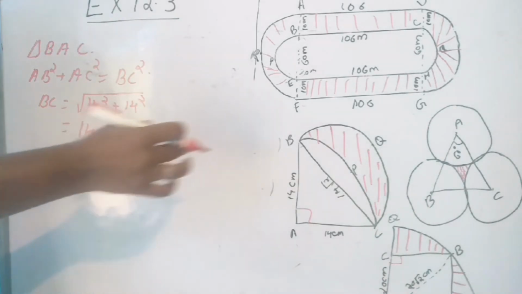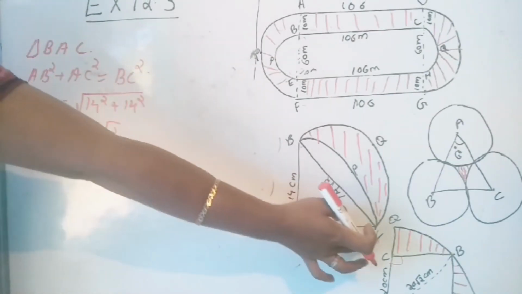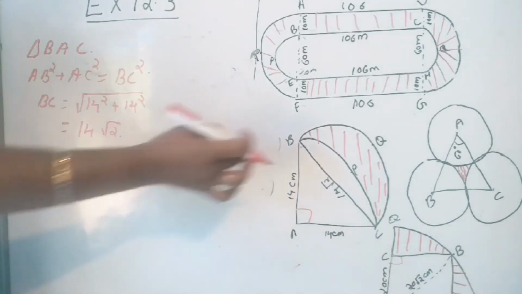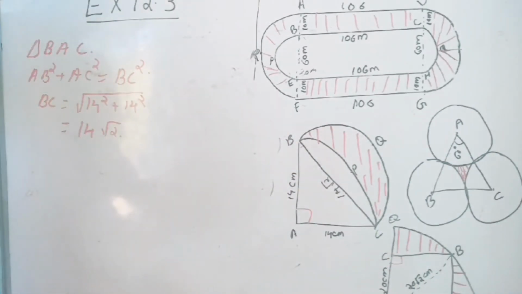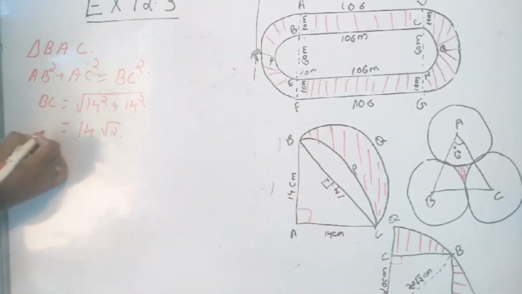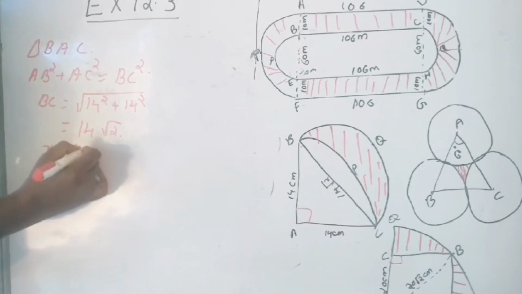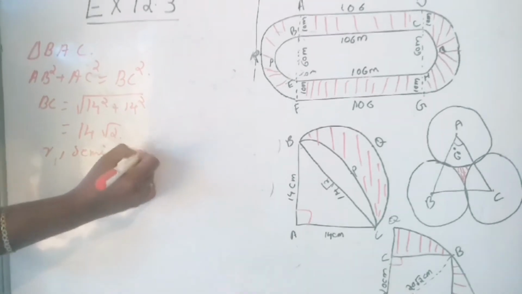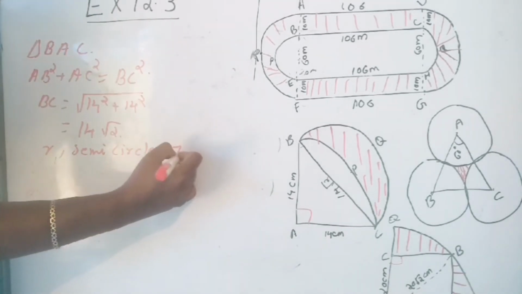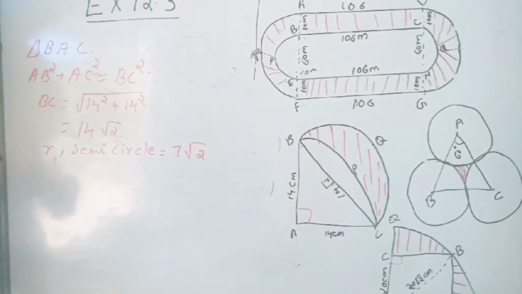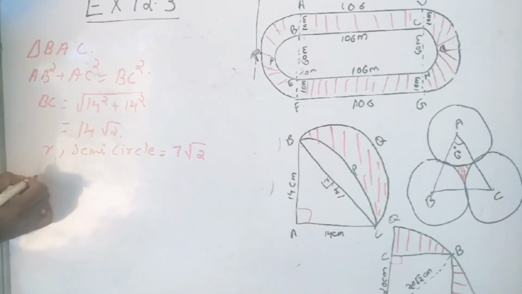And it is given that BQC is a semicircle with diameter BC. Now, this is the diameter, then the radius of that semicircle is equal to 7 root 2, half of BC. Now, area of the shaded region.